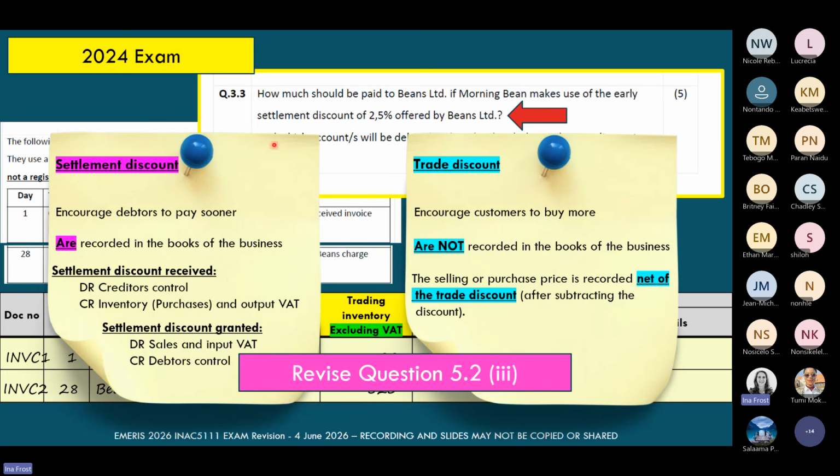Okay, has everyone had a chance now to read through these two slides, and you know now what is the difference between your settlement discounts and your trade discounts.